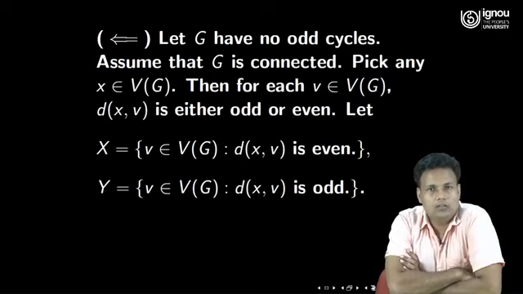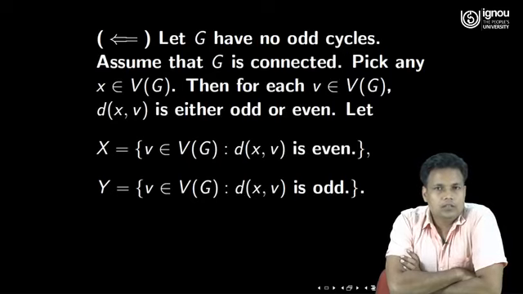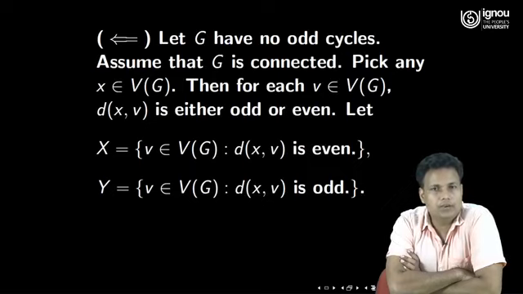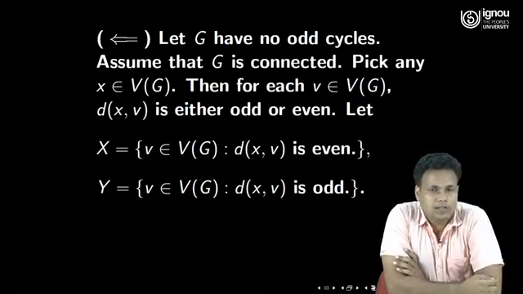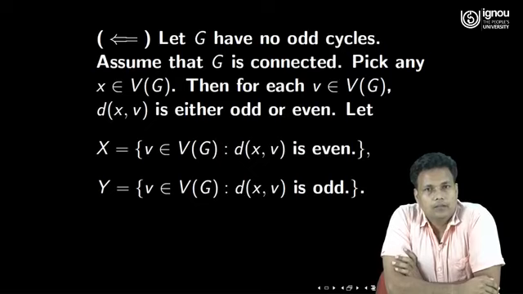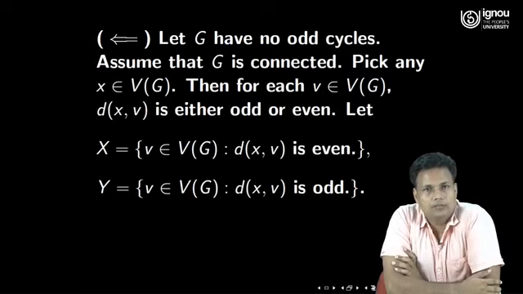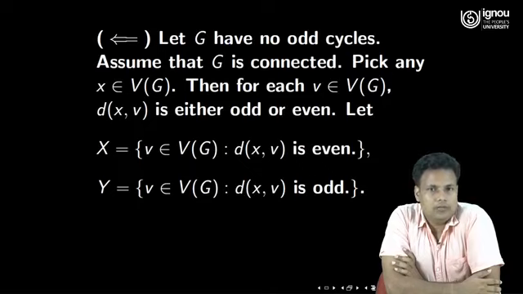And now this oddness or evenness of the distance gives us the required partite sets of G. We define two sets X and Y in such a way that X contains all those vertices of G which are at an even distance from X, and Y contains all those vertices of G which are at an odd distance from X.